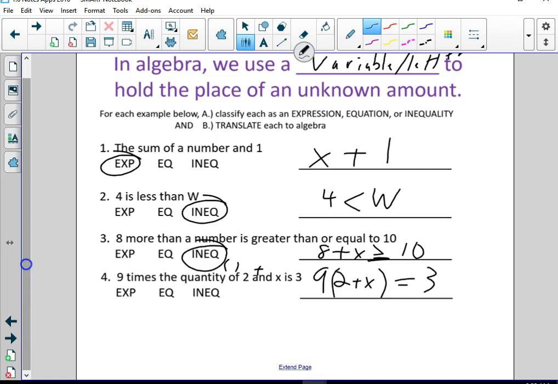Yes, sir. Why would 4 is less than W be an inequality? Because it has a less than or greater than symbol. Because if something's less than something, it's not equal to it. If something's greater than something, it's not equal to it. Okay? So let's say you two both got 95 on the test on Friday.